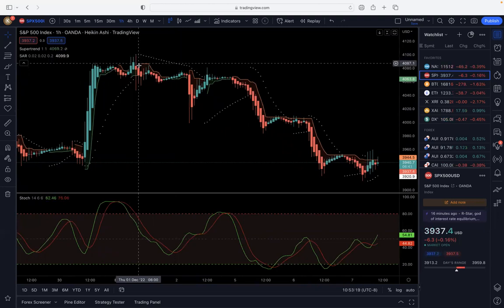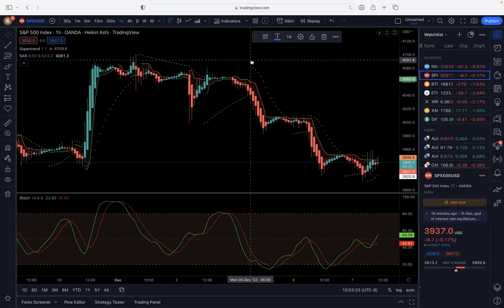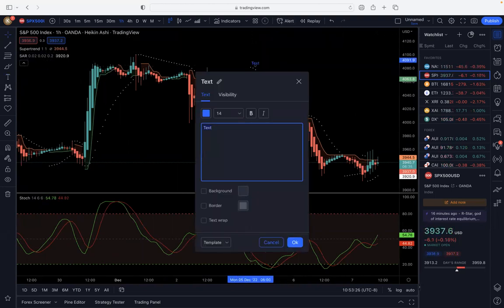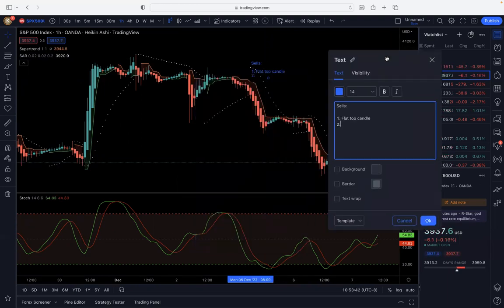If you're looking for a sell, we'll just do this. For sells, we want first a flat top candle. Secondly, and I'm showing you guys this, we need to see a flat top candle like this one here, okay?